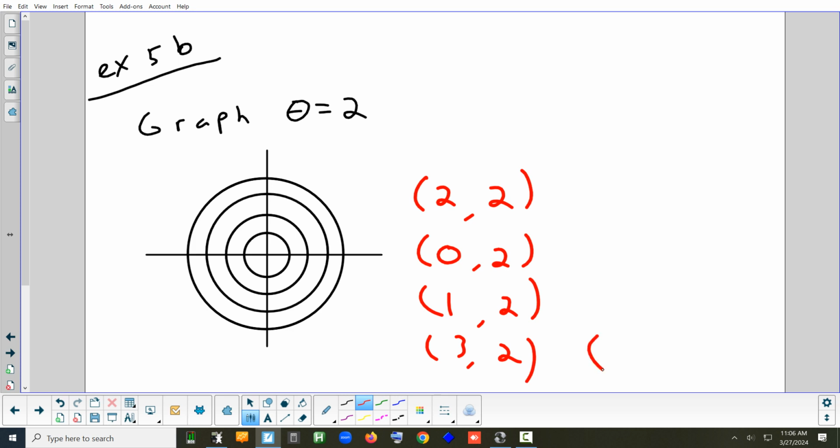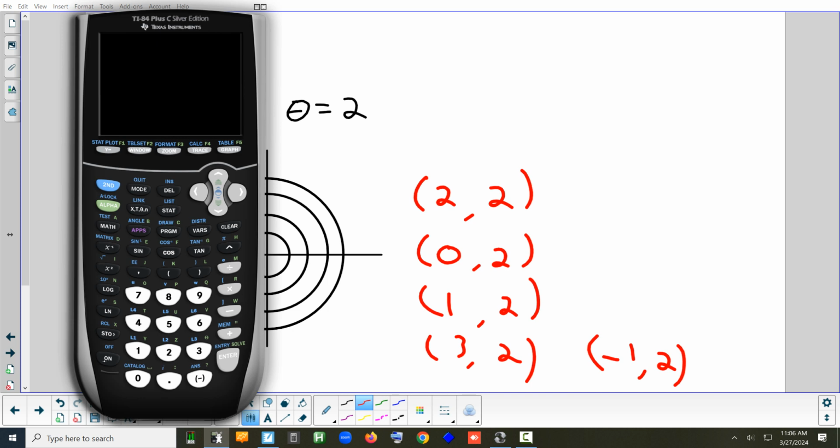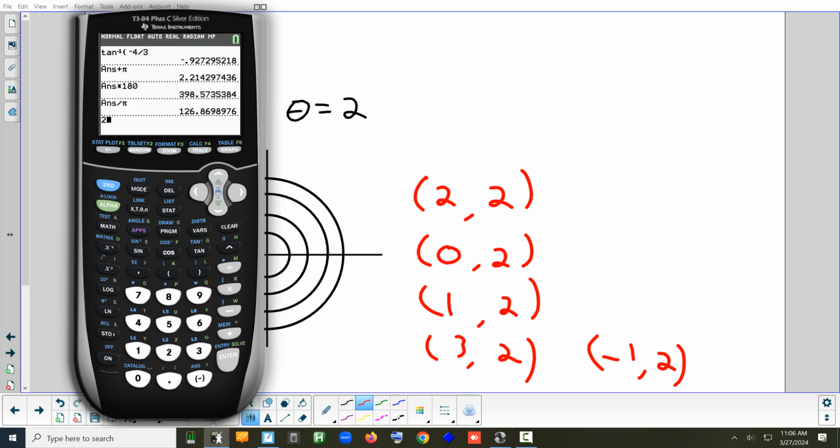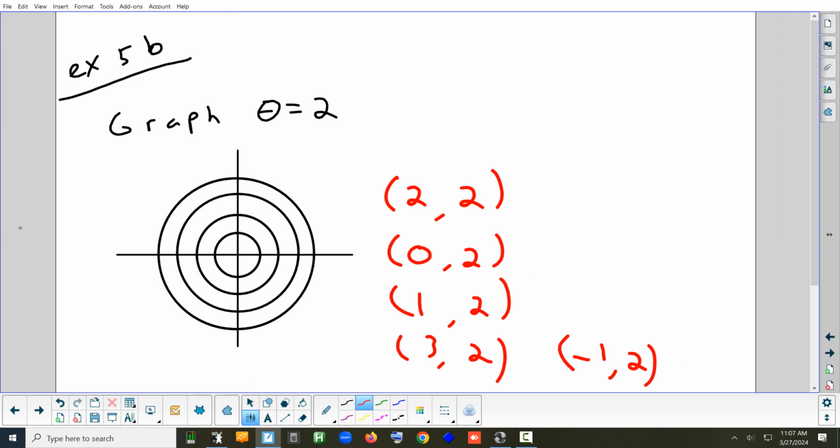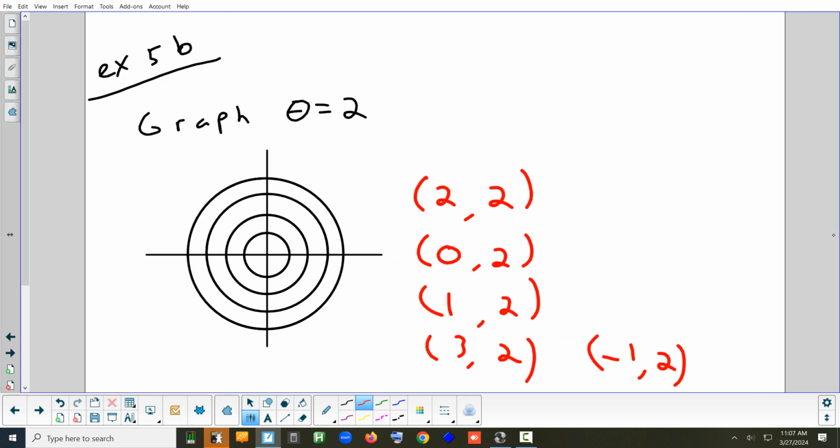And this time, if you don't do the negatives, you will not get the other part of your line. Okay. So just to give you an idea, 2 radians, what is that in degrees? Well, it's 360 divided by pi, so it's about 114 degrees. A little bit past 90. So if we do 2 radians, we're right there. If we go (0, 2) radians, well, that just stays right at the origin.